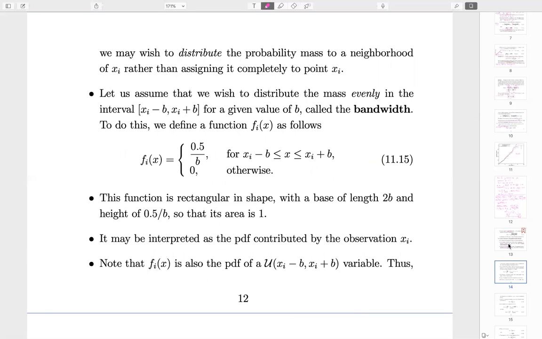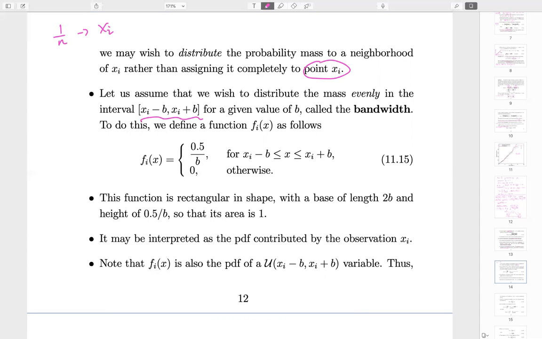A basic idea to generalize from a single point to a continuous interval is to get a symmetric interval around this point, right? So rather than assign 1 over n to exactly this point, we want to construct a symmetrical interval around this observation, okay?